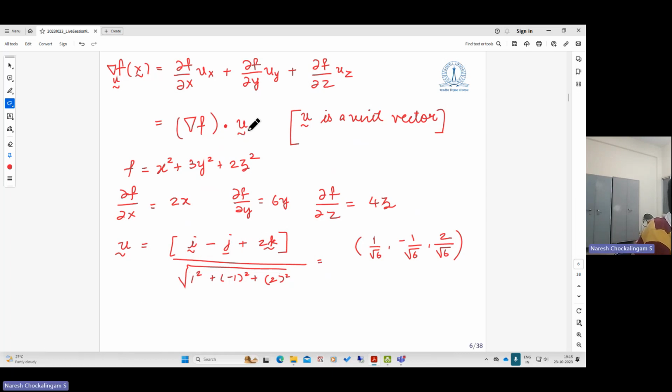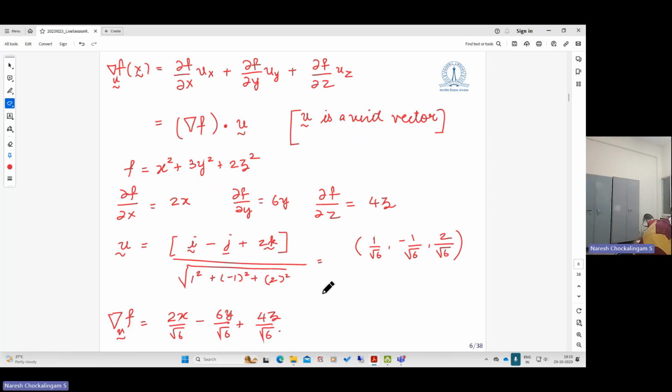Now we can apply the formula directly. So the directional derivative of this function in the direction u is nothing but 2x by root 6 minus 6y by root 6 plus 4z by root 6.